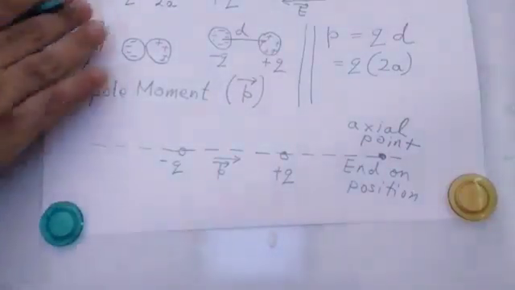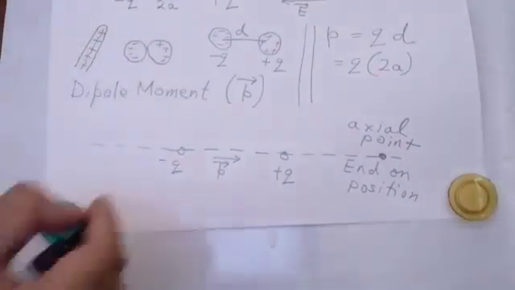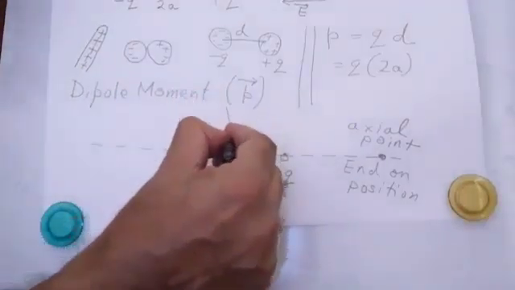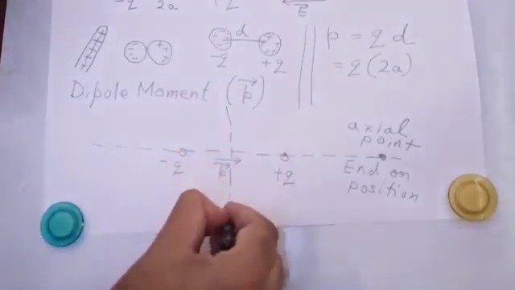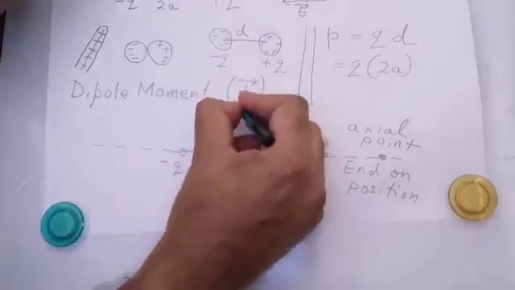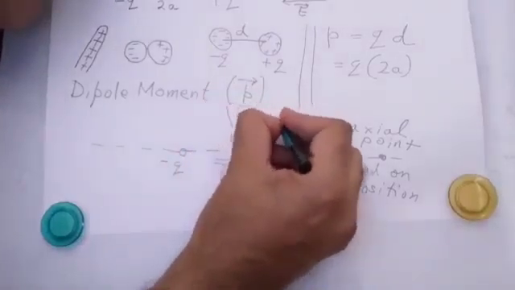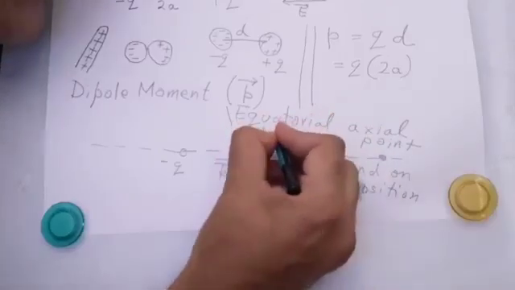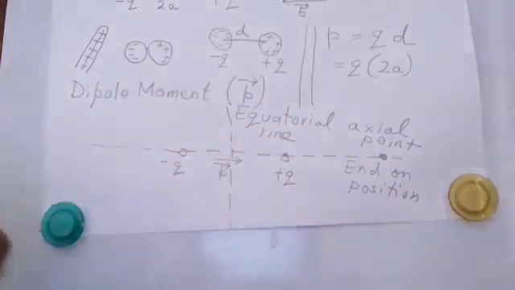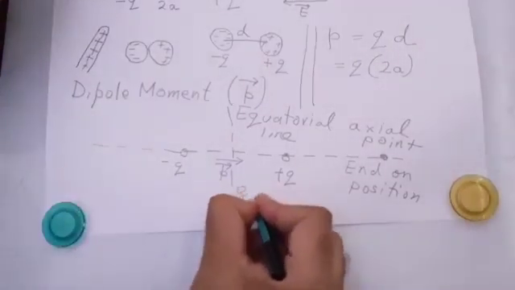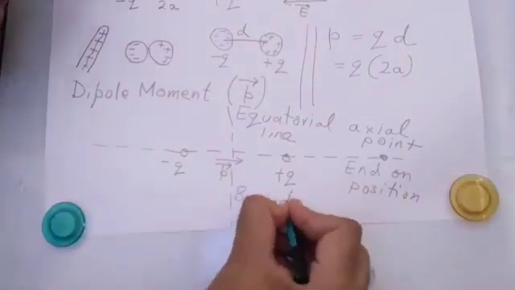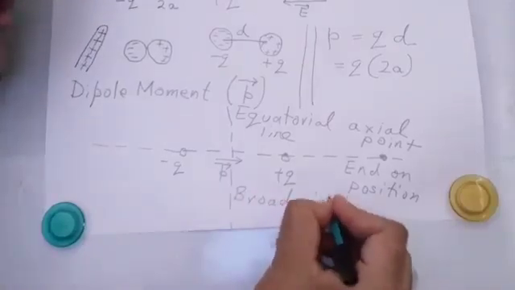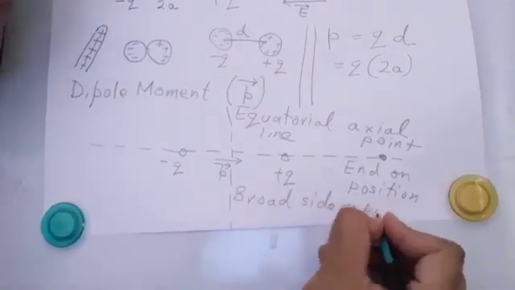And if you draw a perpendicular to this line passing through the center of the dipole, this we call the equatorial line, and any point on this line is called an equatorial point. Sometimes we call this the broadside-on position. That was the end-on position, and this is the broadside-on position, a different name for that.